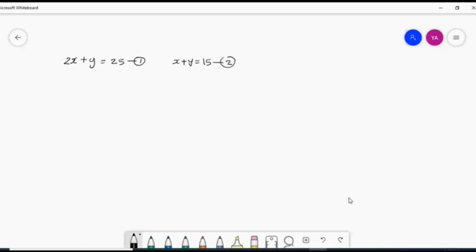We add or subtract the equations to cancel one variable and to simplify them into an equation of a single variable. So what's the method here? 1 minus 2 or 2 minus 1, which is better to cancel one variable? Both are possible.